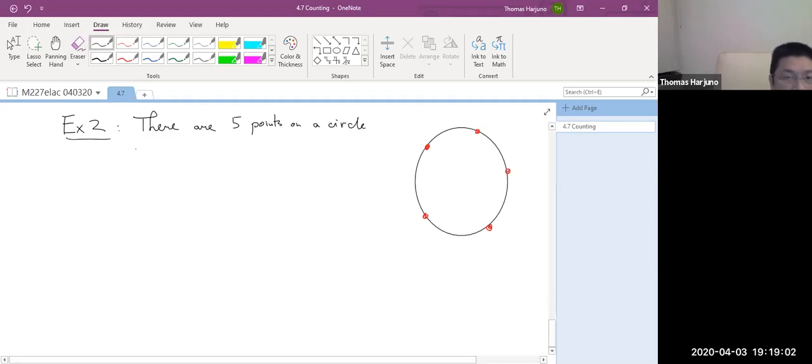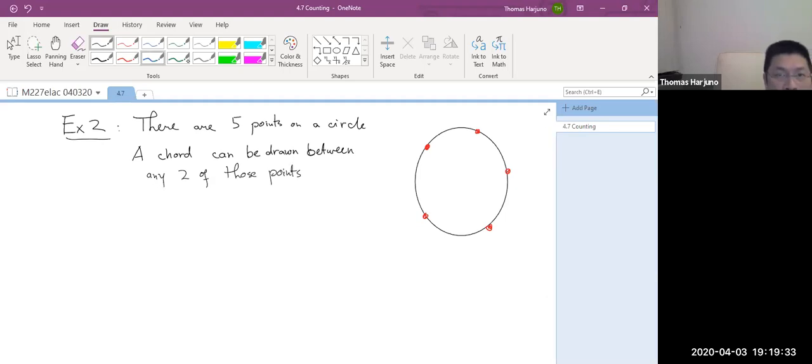And then I continue. A chord can be drawn between any two of those points. So let's say, for example, this is a chord.